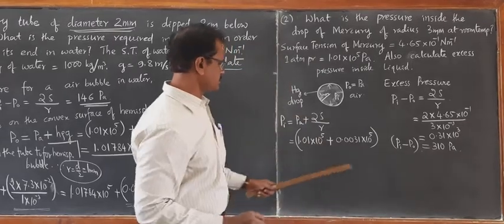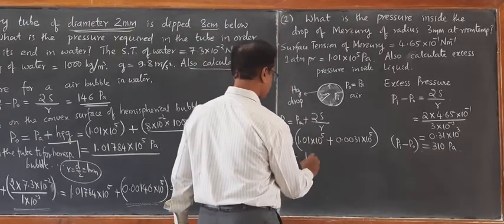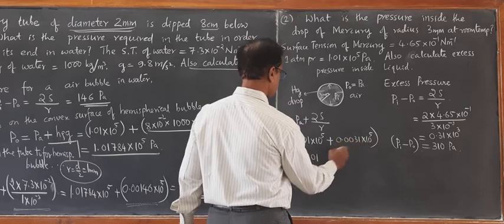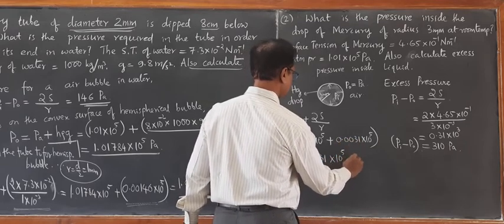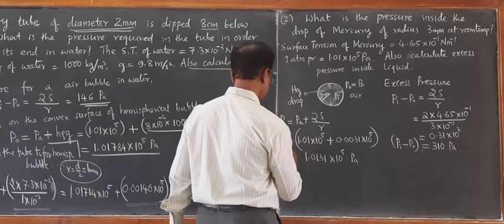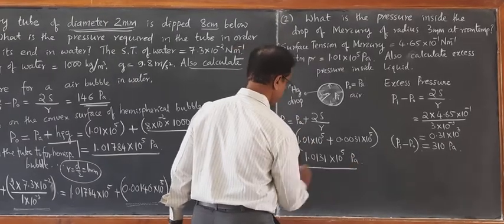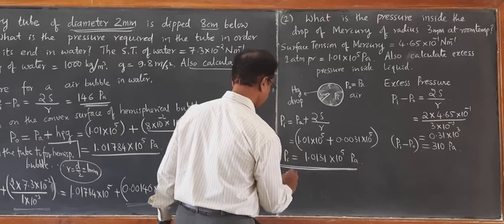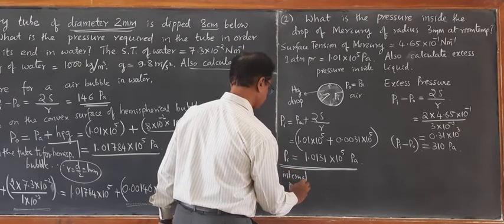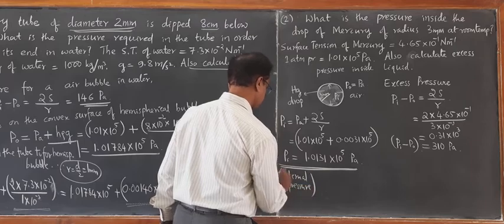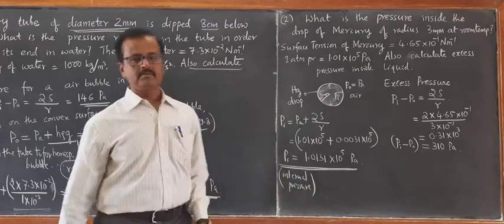If you add, this comes out to be 1.0131 into 10 raised to 5 pascal. So this is the internal pressure in the mercury drop.